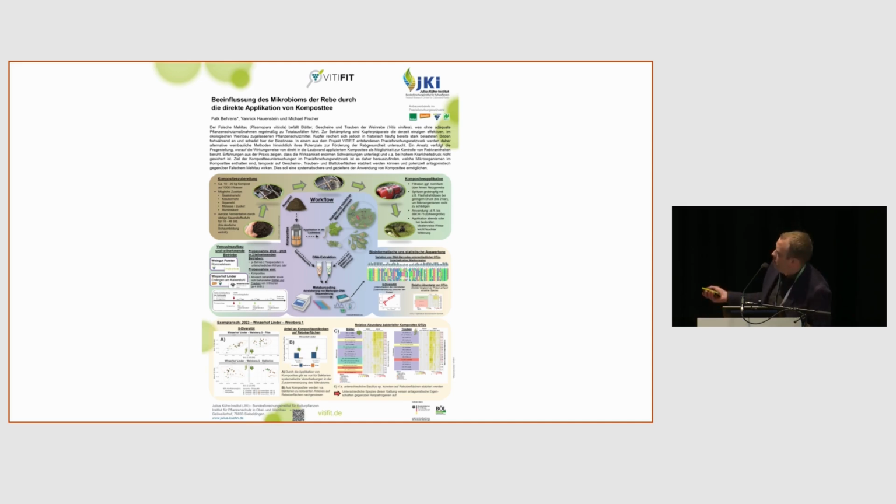This was for 2023. Approximately 5% of the detected microorganisms on the surface of the leaves and the treated parts of the plant could be attributed to compost tea. We were also able to see that some of those microorganisms, mainly bacteria, had an antagonistic effect against various pathogens.